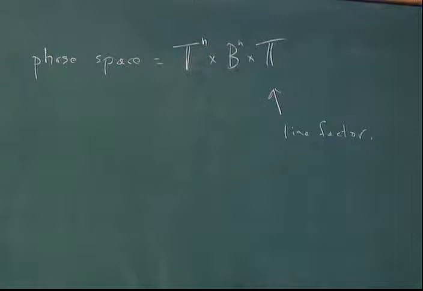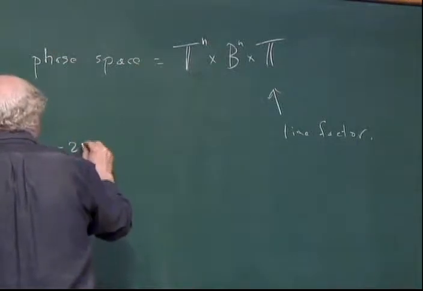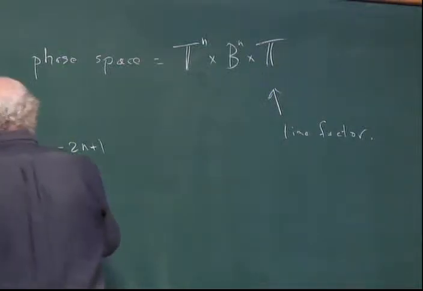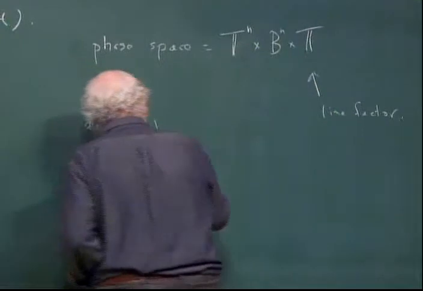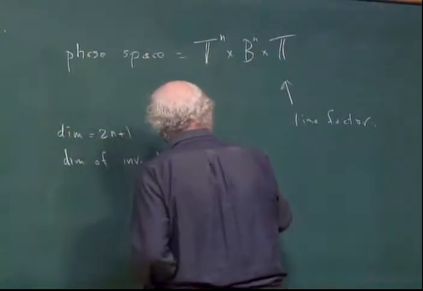So the dimension equals 2n plus 1. And the dimension of the invariant tori equals n plus 1.